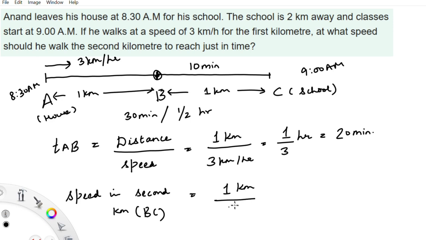Now 10 minutes can be written as 1 by 6 hours, again standard conversion. That if 1 hour is equal to 60 minutes, then 10 minutes will be equal to 1 by 6 hours. So this is basically equal to 6 kilometer per hour. So Anand has to walk at 6 kilometers per hour so that he reaches school on time.